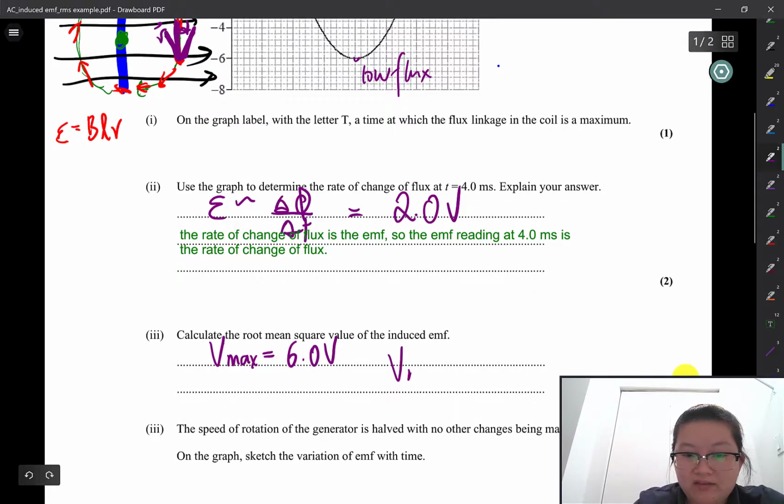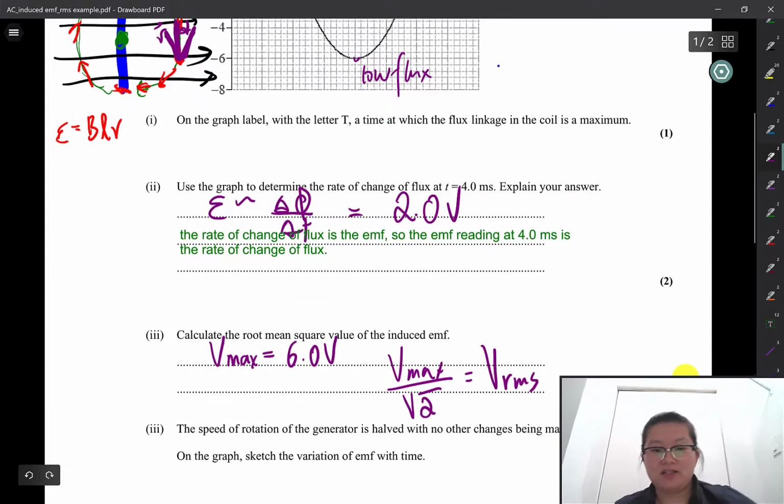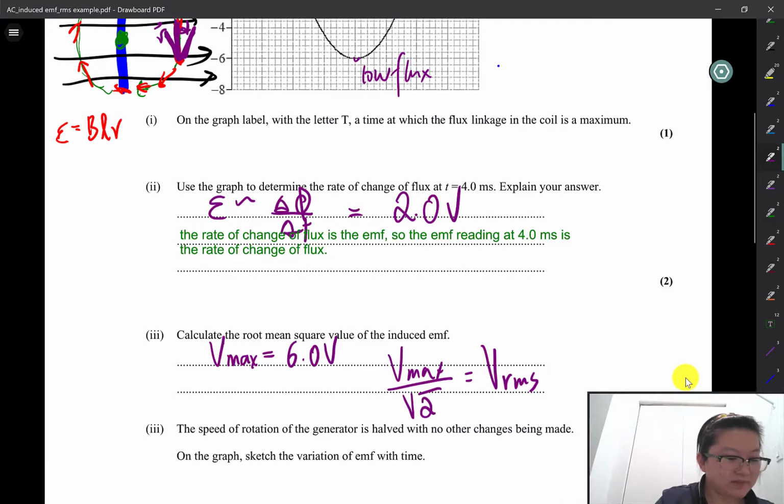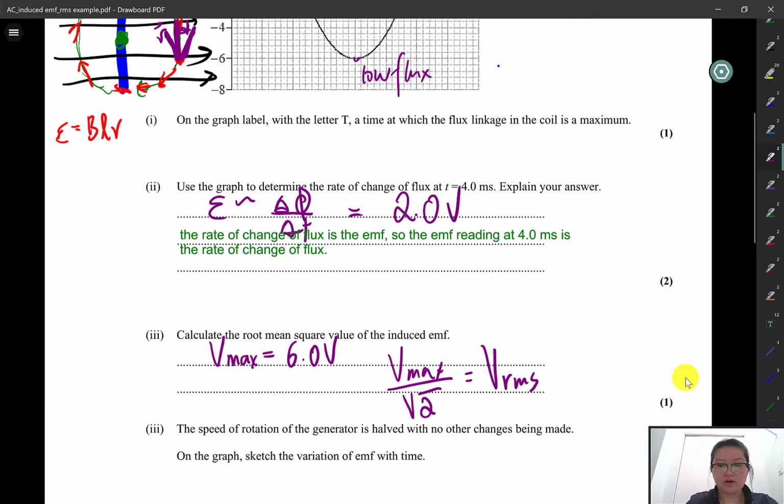We know that this is just the max, Vmax, divided by square root of 2, which is going to give me the RMS voltage of the induced EMF. So taking 6 divided by root 2 gives me 4.24. Rounded to 2 significant figures, that's about 4.2 volts.